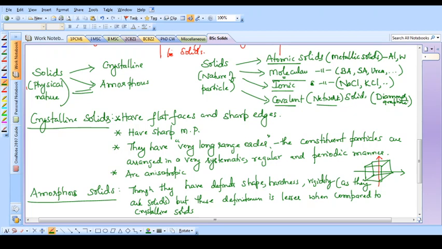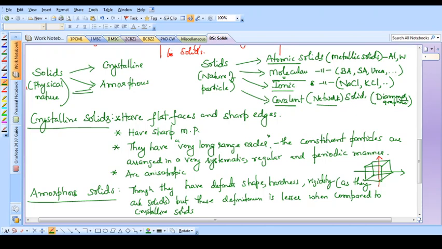In diamond you have sp3 hybridized carbon atoms connected by covalent bonds, and there is a large network or arrangement of atoms. That is why it is called a network solid. And why is it a covalent solid? Because of the covalent bond between carbon atoms. So depending upon the nature of particles, you can have a classification of solids.